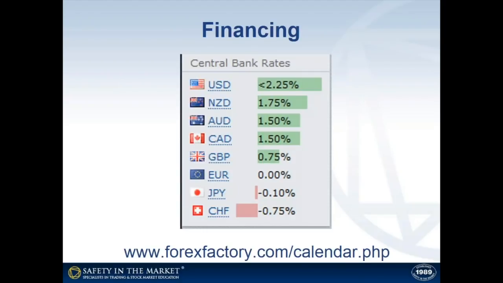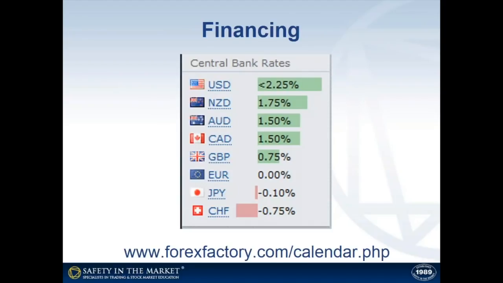Next is New Zealand dollar at 1.75%, Aussie dollar at 1.5%, Canadian dollar at 1.5%, pound at 0.75%, euro at 0%, and then the Japanese yen and the Swiss franc are actually at negative rates. The Japanese yen is at negative 0.10%, and the Swiss franc, the CHF, is at negative 0.75%.